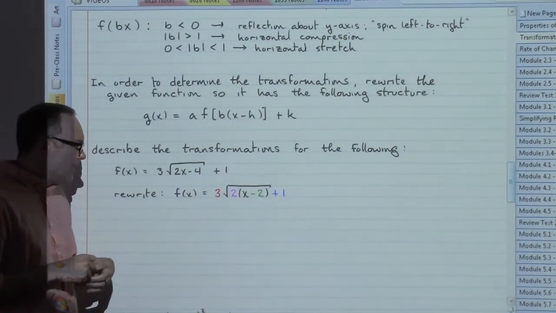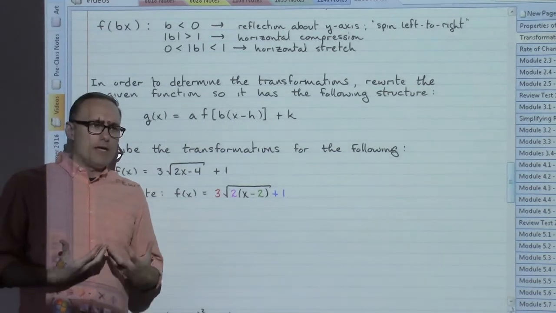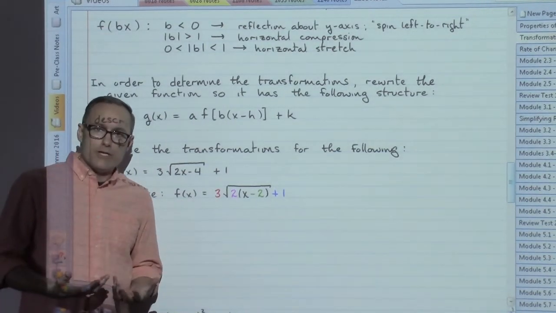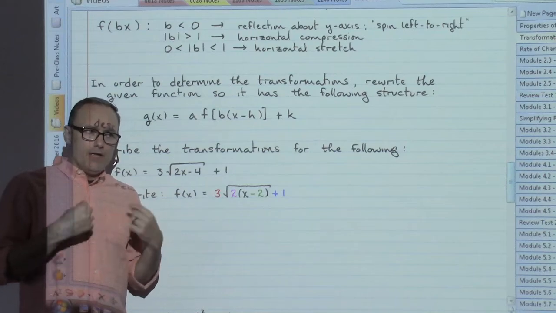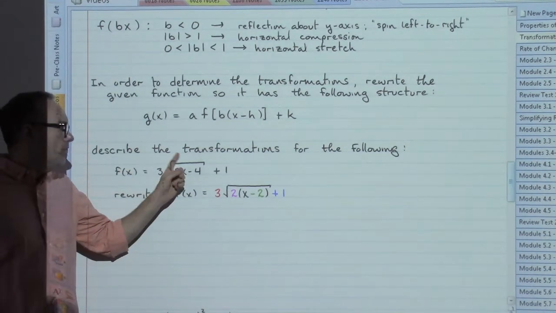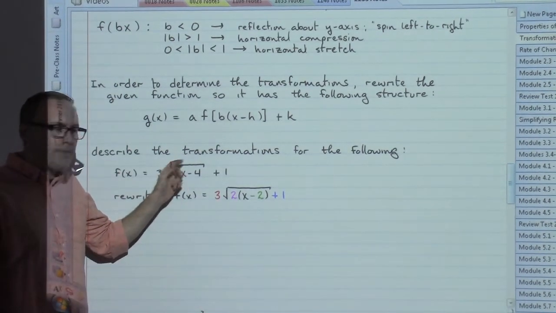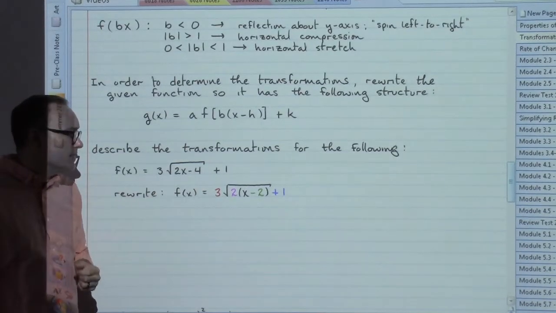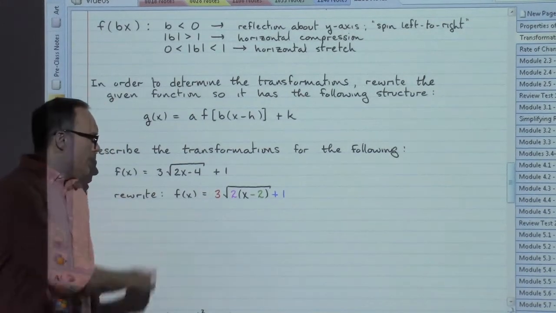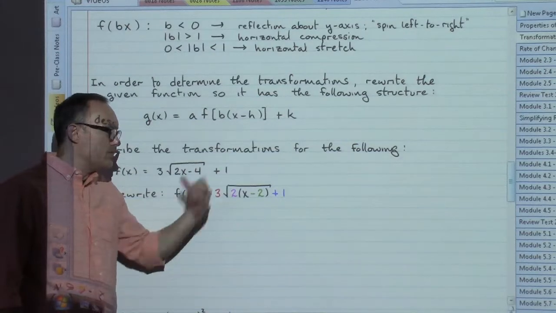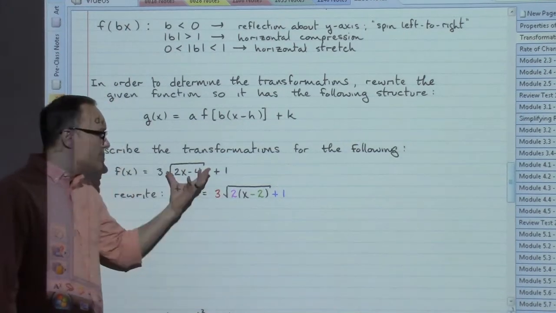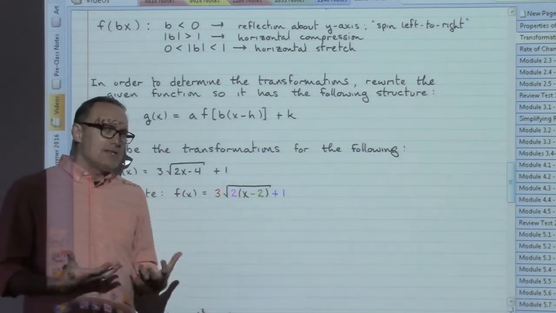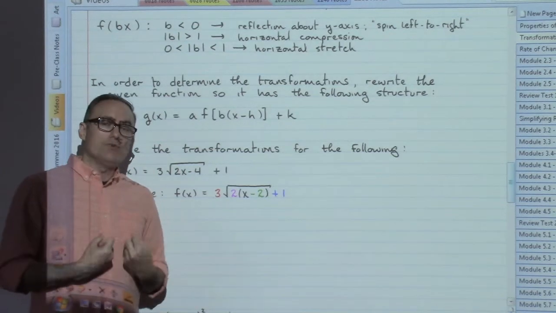But what we've got is not a very friendly version of that function if we are trying to figure out what kind of transformations are happening, if we're trying to describe the transformations that are going on. Oh, the 3 out front is fine, the plus 1 at the back is fine, but what's inside of that square root is not as nicely usable for us.